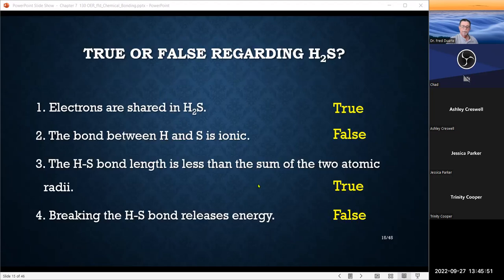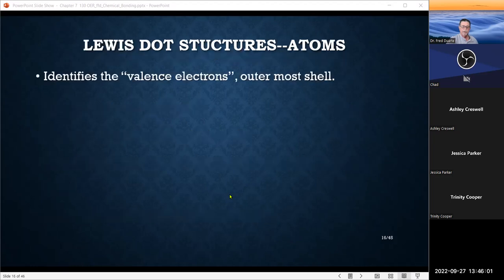All right, so that's our bit about energy and bond formation and bond radius, which is going to get us into what are called Lewis dot structures. This is where we start learning how to determine the actual geometry of compounds.